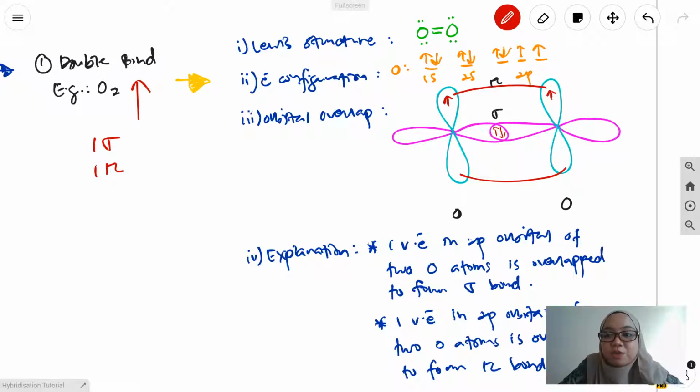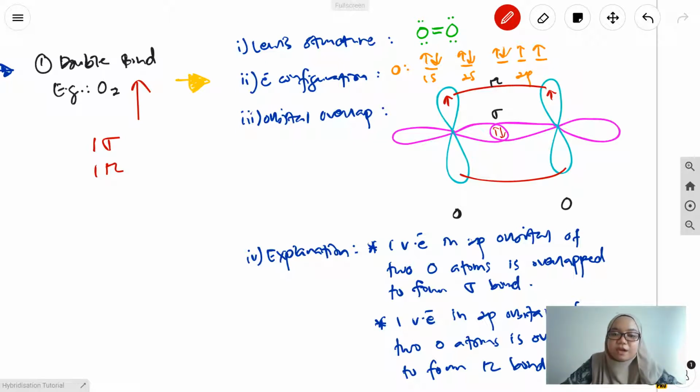So we draw the 2p orbital. End-to-end overlapping will form the sigma bond, and the other 2p orbital is used for side-by-side overlapping to form the pi bond. So one sigma bond through end-to-end overlapping, and one pi bond formed by side-by-side overlapping.